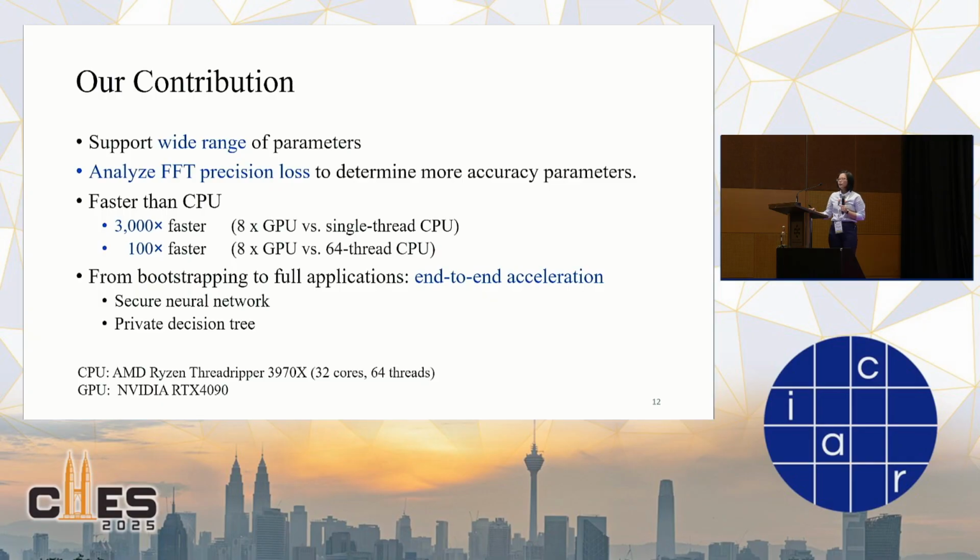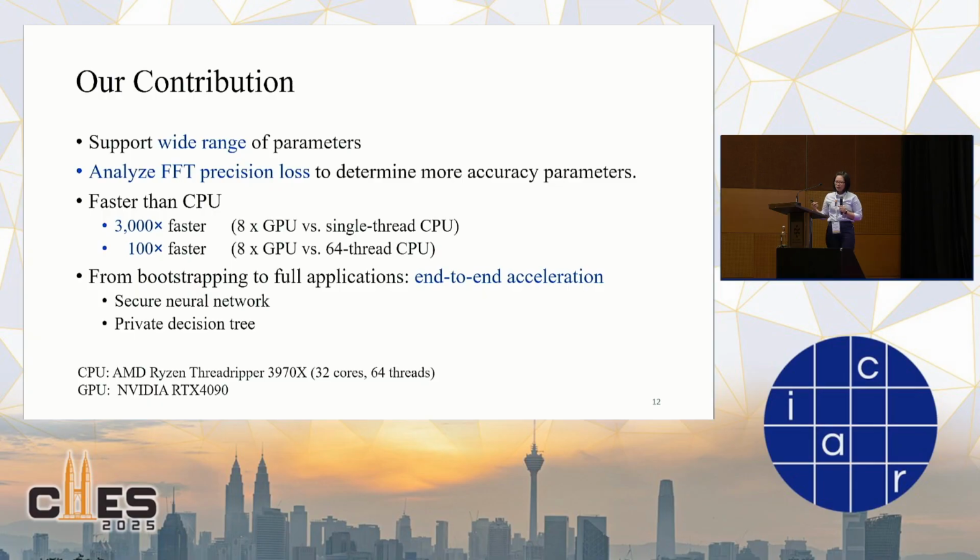To overcome this challenge, we made 4 key contributions. First, we support security parameter up to 128 bit and even higher, like 256 bit. Second, we consider FFT precision loss to revise bootstrapping error function.